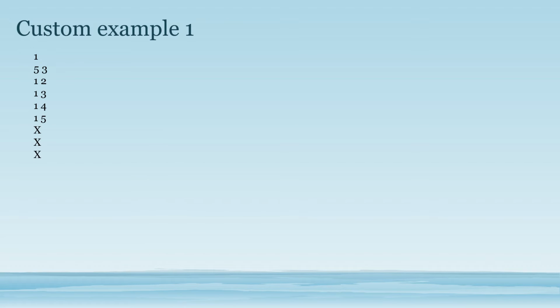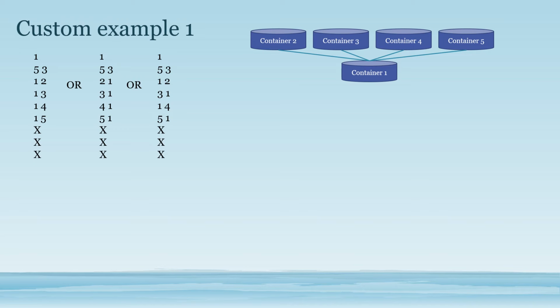Okay. So remember one thing, the input can be given in any order. So that's why I'm creating these different sections. So this is what the visualization is. That is, we have 5 containers and one is connected to all other containers, as is given here, and they can give it in another way also.